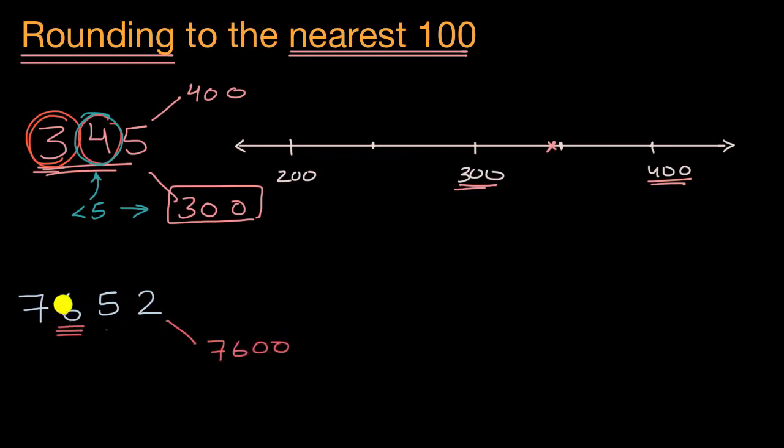And the hundreds that are right above this, well, you would just take one more than this 6. So that would be 7,700.